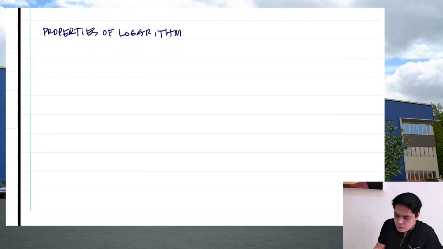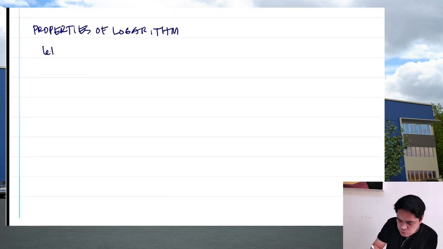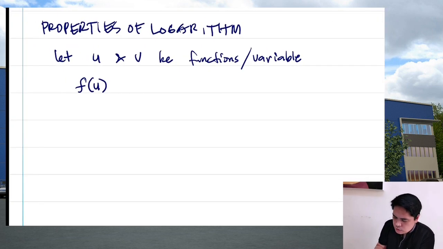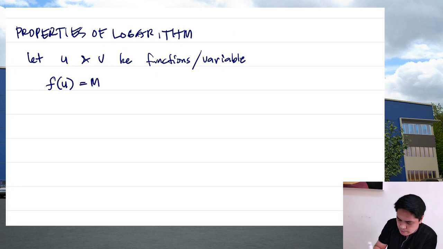Okay? So for these properties, let me introduce two functions or variables. Let u and v be functions or variables. Okay? U and v are functions or variables. Now let us define some functions. For example, m na lang. M, or the function of u, the function of this variable, let's describe that to m. Okay?